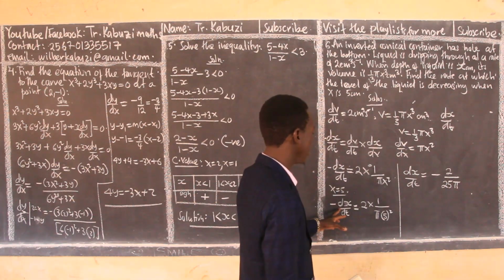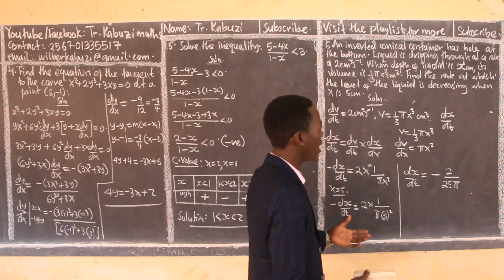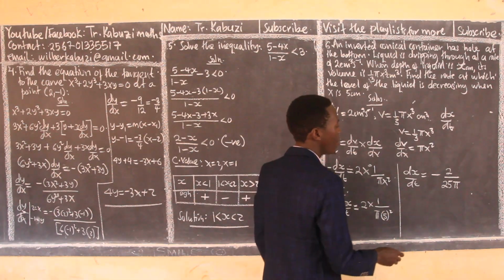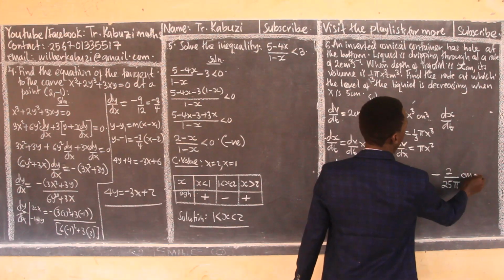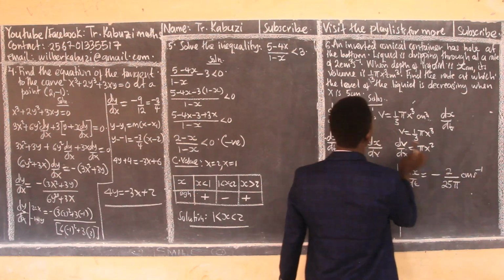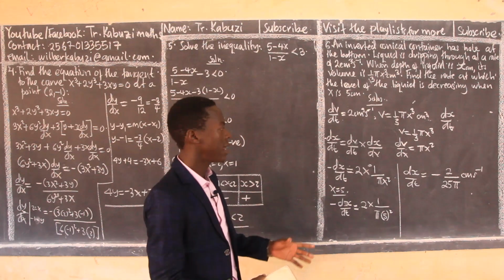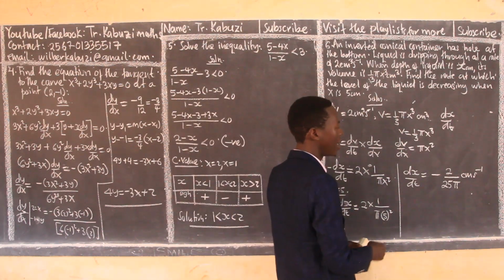Because we are getting the rate of length or depth, the units are going to be centimeters per second, like we have there. If you want, you can give this as negative.